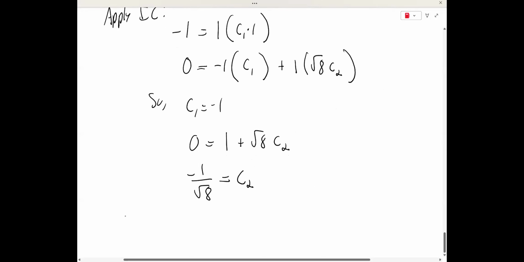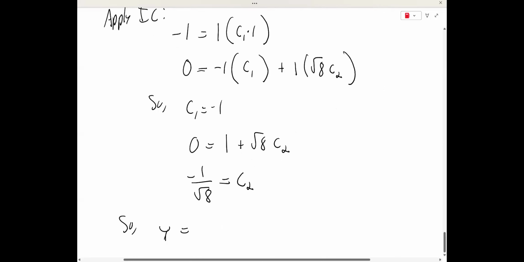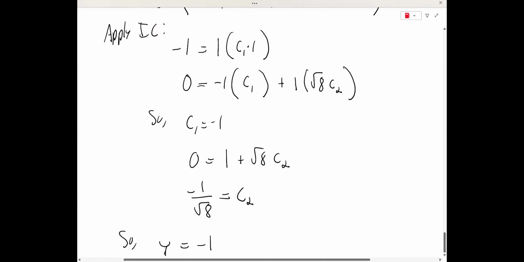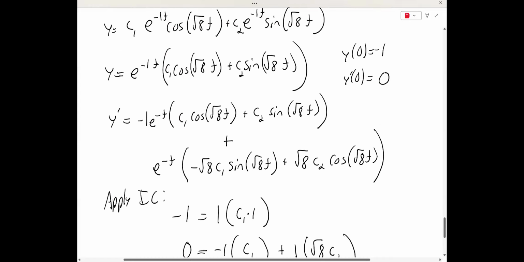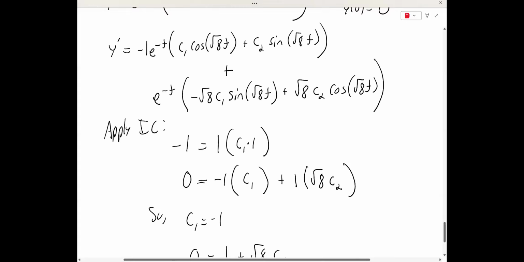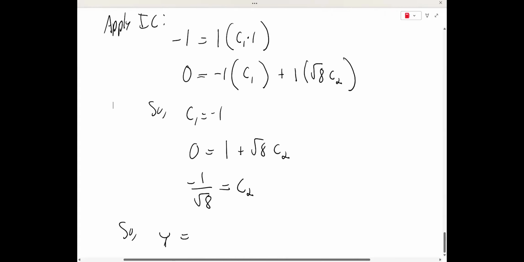Okay, so finally here, you get y is equal to C1, which is -1. So -1, what was it? I put the e to the t outside. Okay, let me just do that again. So you get e to the -t.